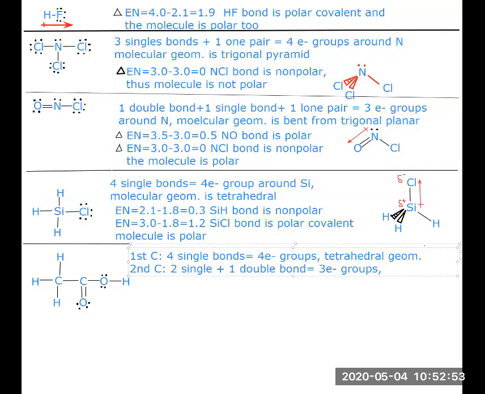There is no lone pair, 0 lone pairs on that carbon. And so the electron geometry and molecular geometry are trigonal planar. It's a flat structure around that carbon, and the angles are 120. So this one is trigonal planar.